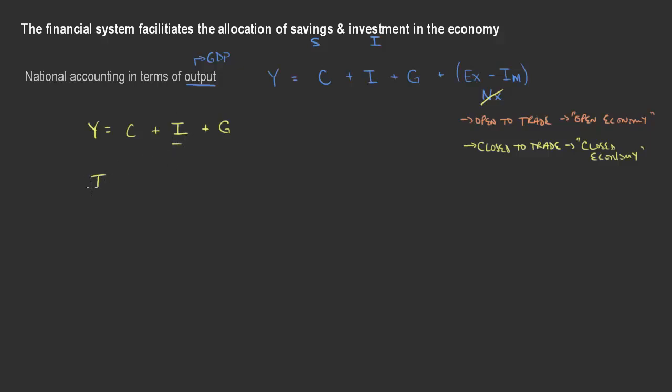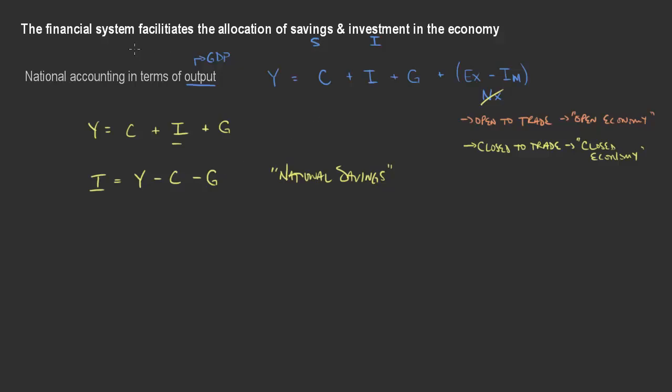If we do that, investment is equal to total output, GDP, minus consumption, minus government expenditures. This is what we call national savings. National savings is all the income in the economy after paying for all the consumption and all the government expenditures in the economy.